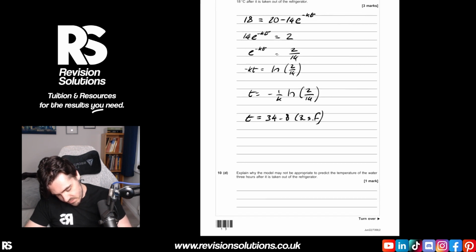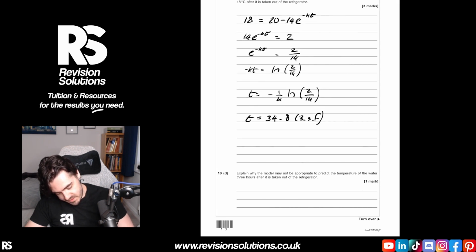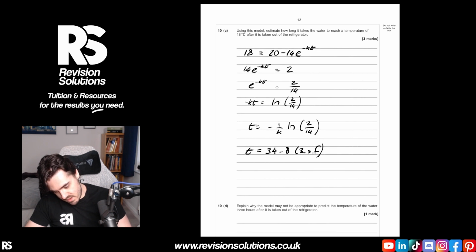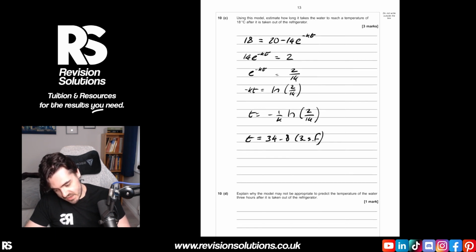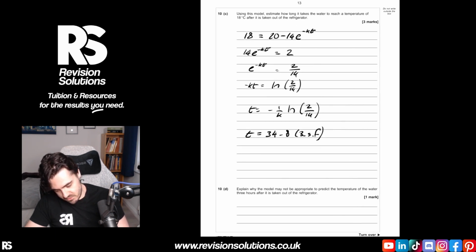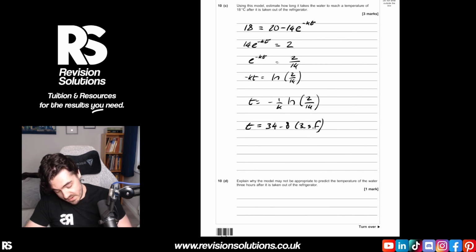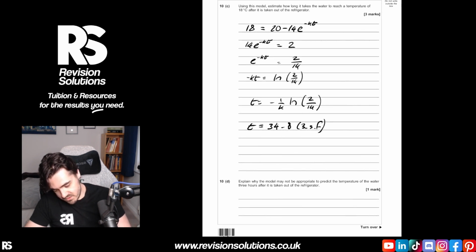Good. Explain why the model may not be appropriate to predict the temperature of the water 3 hours after it is taken out of the refrigerator. Okay, well, I would probably check and see what the temperature of the water is predicted to be from the model first.